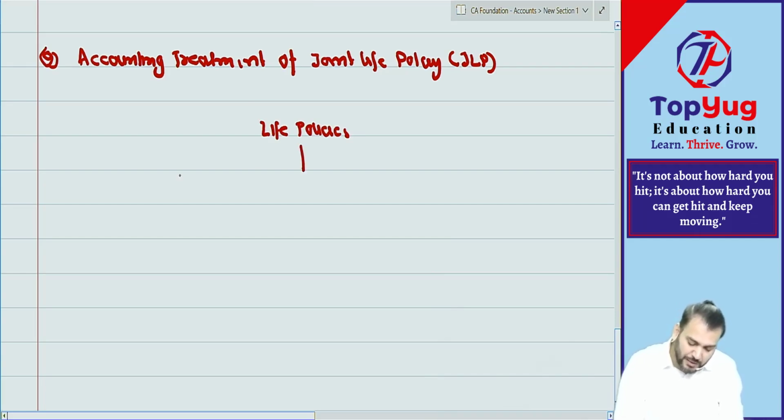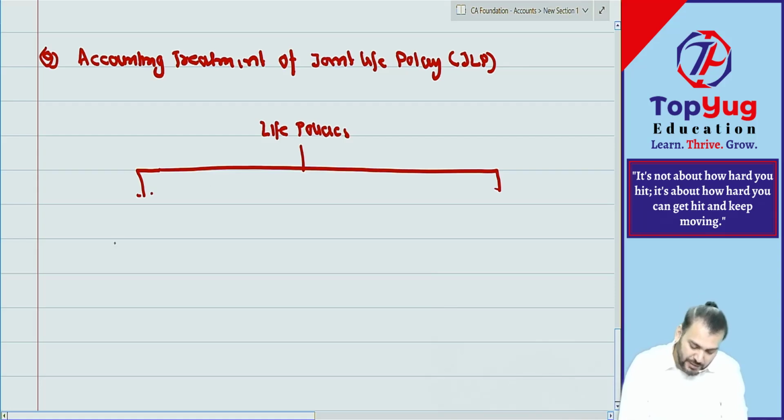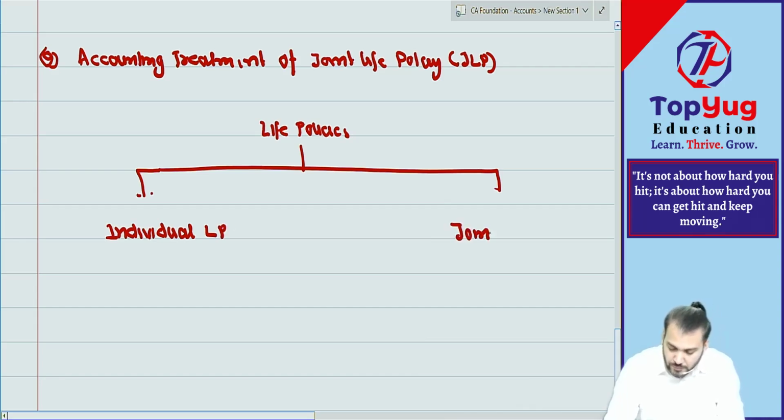Now in this chapter life policies are of two types. One is known as individual life policies. One is known as what? Joint life policies.